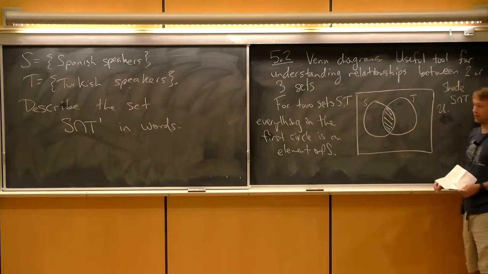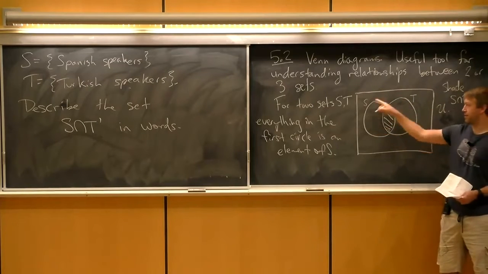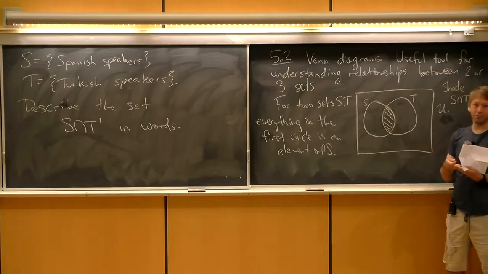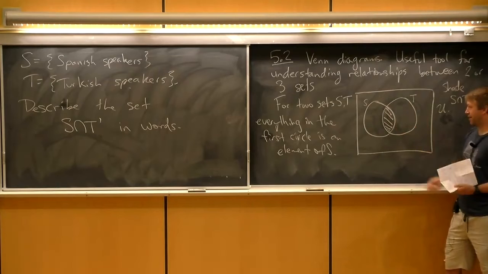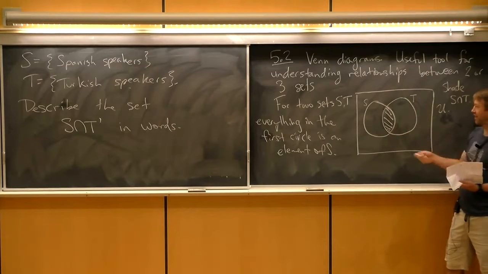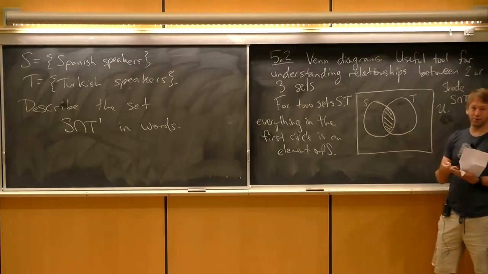Because if this blob represents S and that one represents T, then this is the intersection of those 2 blobs. It's the things that are in both of them. So this picture explains why we use this word intersection, because it literally is the intersection of those 2 circles. It's the place they overlap.